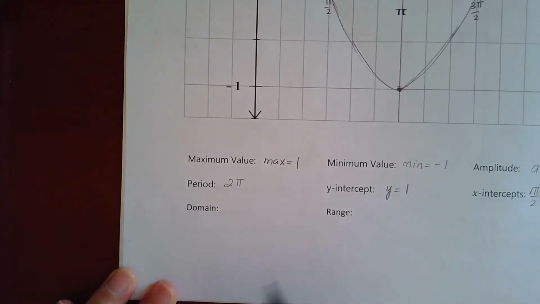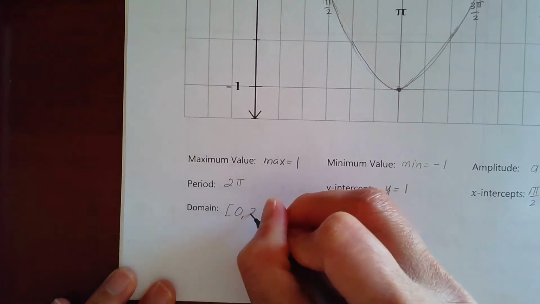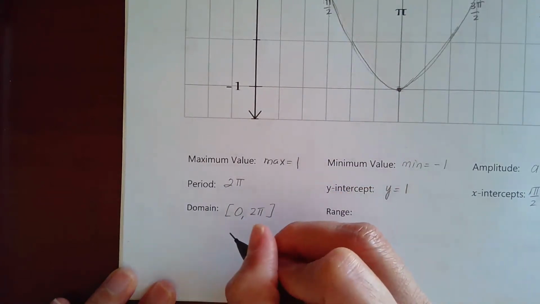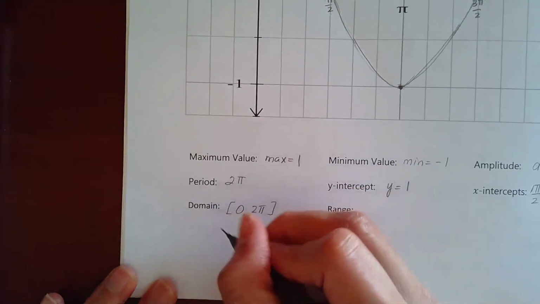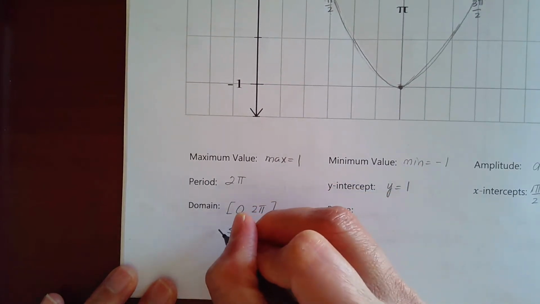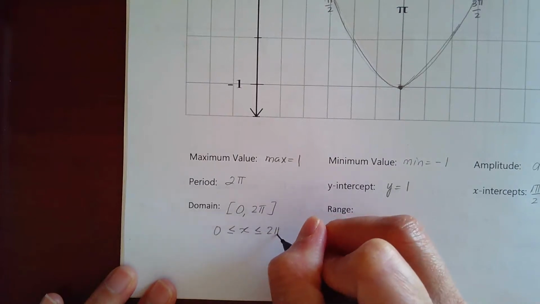Domain. What's the domain? Because we're limiting our domain from 0 to 2 pi, we can write it as 0 to 2 pi, or in set notation, x is greater than or equal to 0 but less than or equal to 2 pi.